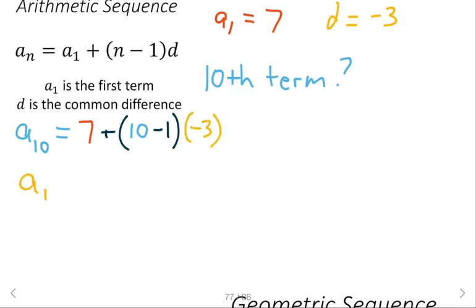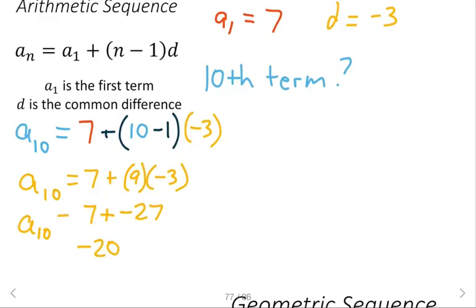And now we're just simplifying the right side of this equation. 10 minus 1 is 9. And then we'll have 9 times negative 3, which would be negative 27. Negative 27 plus 7 would give us negative 20 for the 10th term. If you're not sure, you can build the sequence.